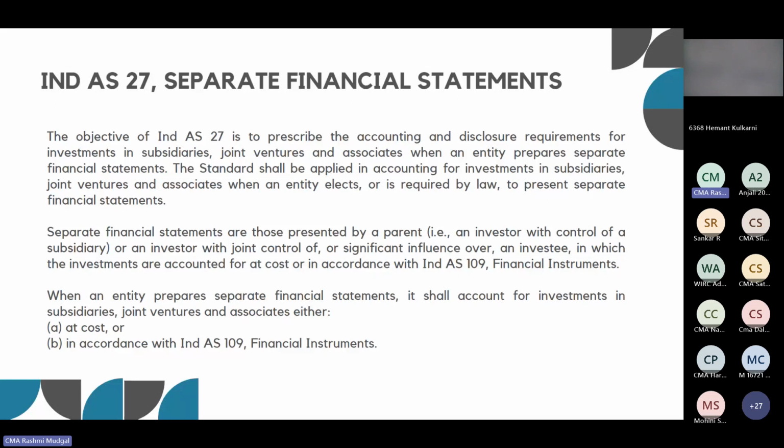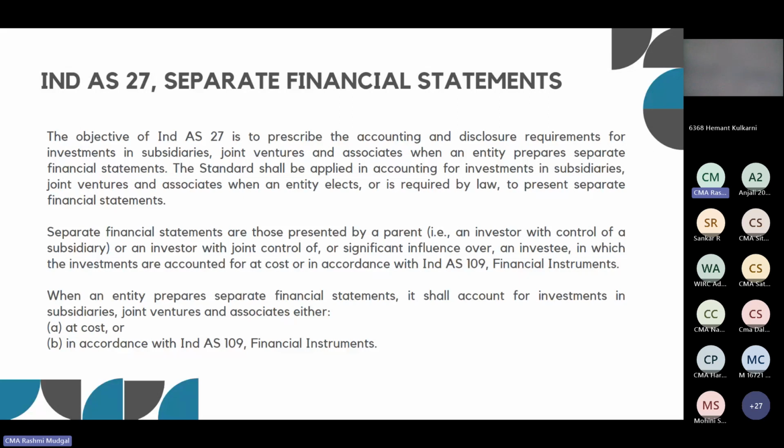Ind AS 109 requires that a financial asset, except certain trade receivables, or a financial liability should be measured at initial recognition at its fair value plus or minus transaction costs, for a financial asset or financial liability not subsequently measured at fair value, that are directly attributable to the asset, okay, to the financial instrument.